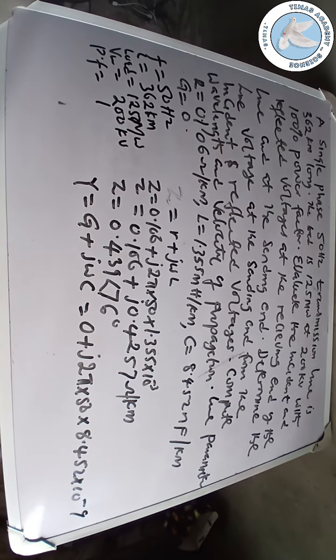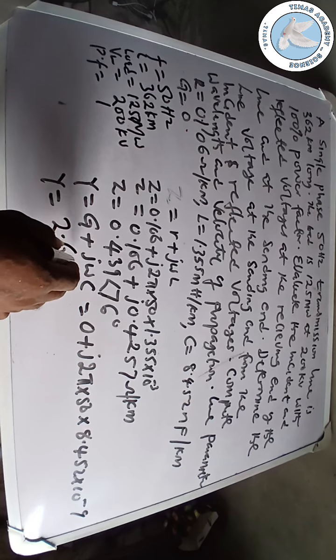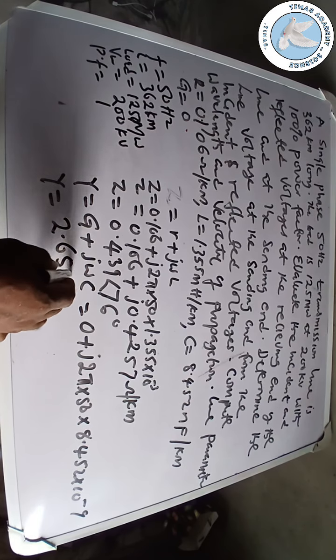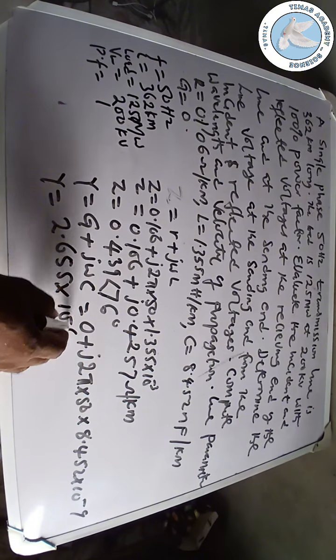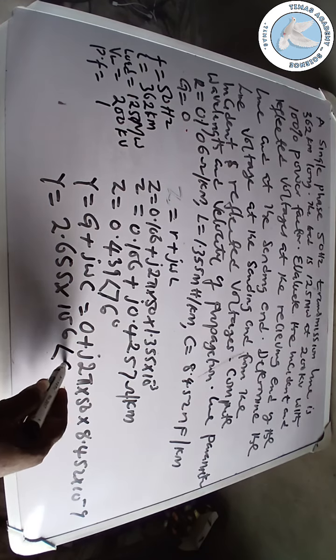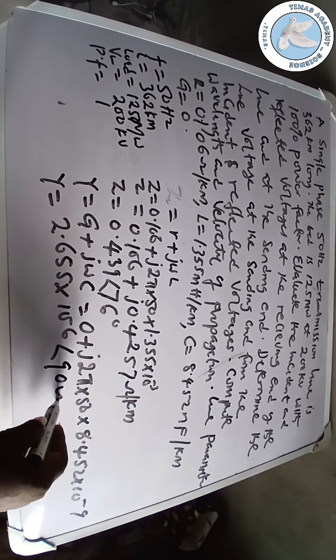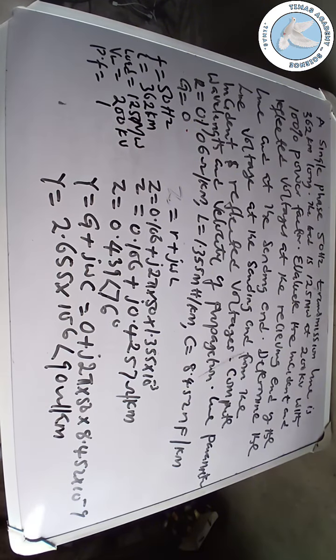So at this case we use the calculator, and the shunt admittance is giving us 2.655 multiplied with 10 raised to the power of -6, and the angle is 90 degrees. Please confirm all this using your own calculator.